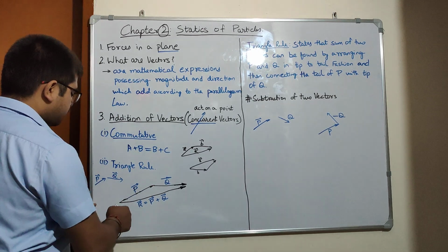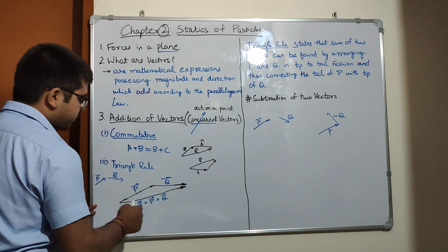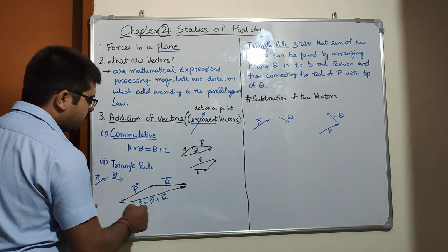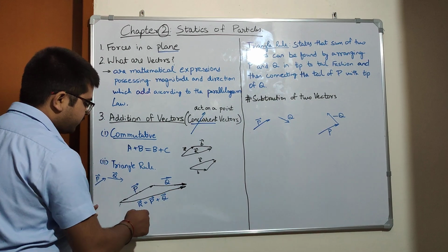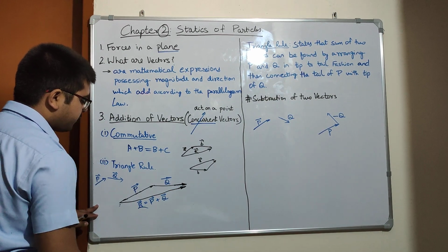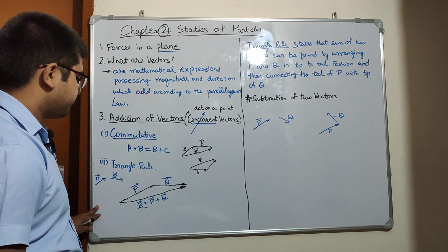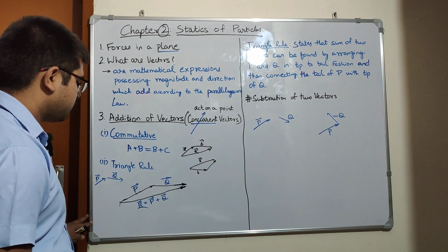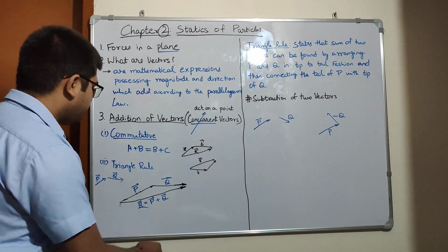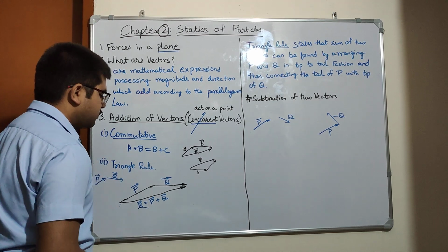Then if we join the tail of P to the head of Q, that will give us the resultant vector r, and that will be equal to P plus Q vector.